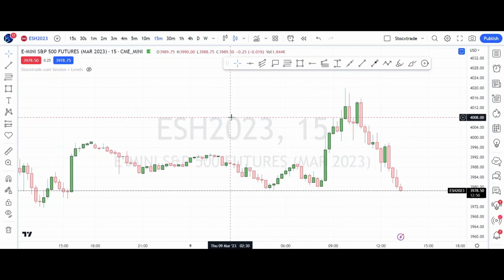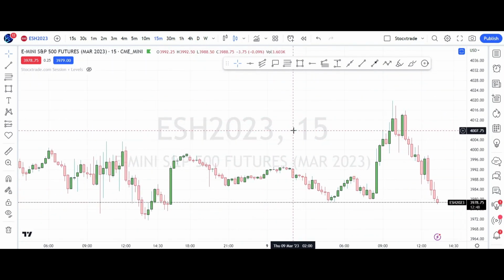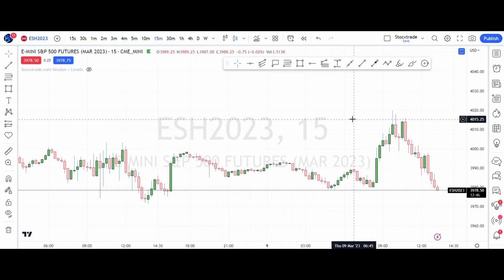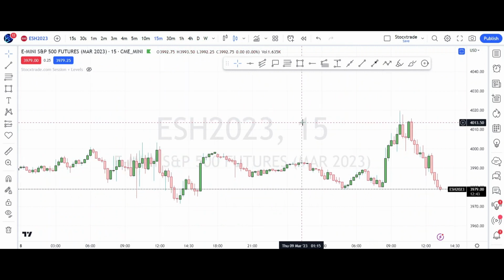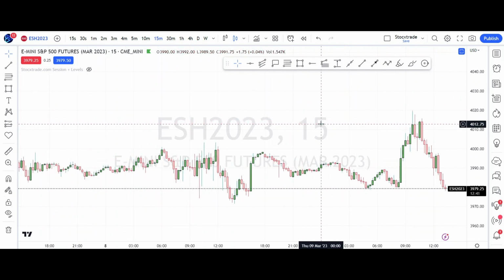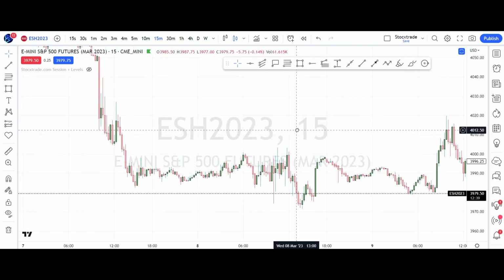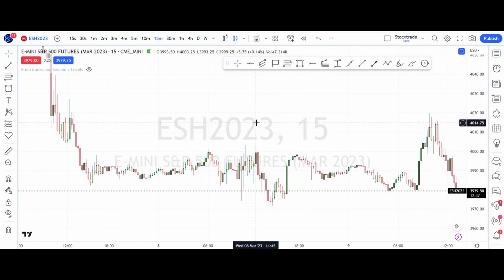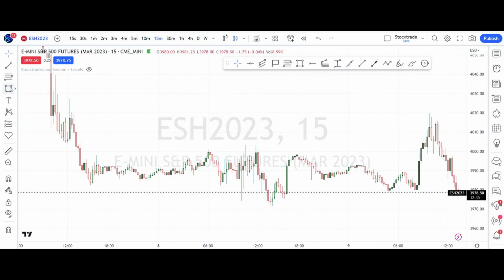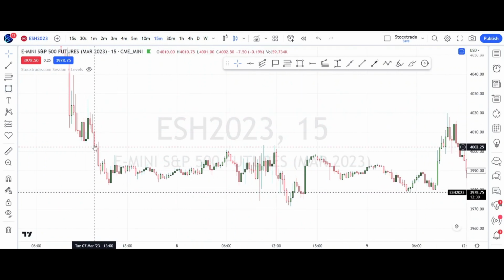So how can we analyze the chart for daily trading over the 15 minutes, 5 minutes time frame? What you can do is see some liquidity area from where the price rejected. We can see there are some wicks.